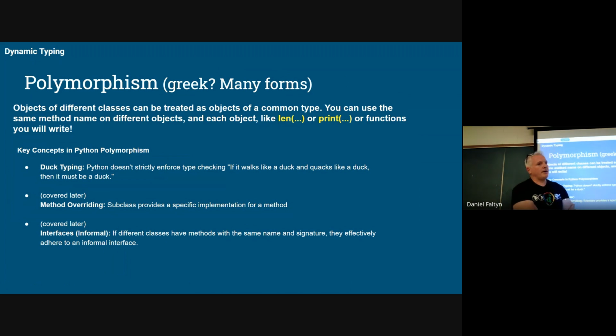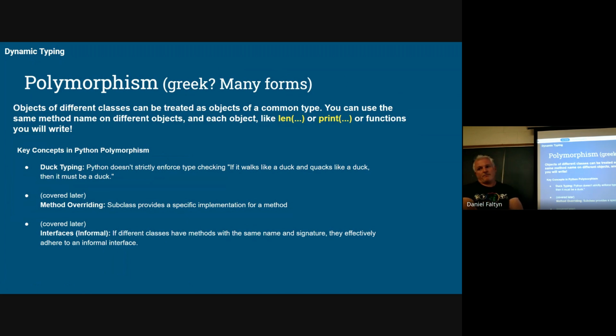And so if we think about shapes, I can calculate the area of a shape, but calculating the area of a circle, that formula is vastly different than the area of a square. I'm not going to go into the details on that, but I can write a function called calculate area, and that will take a shape. It doesn't really matter what sort of shape it is, as long as the shape knows how to calculate its area.